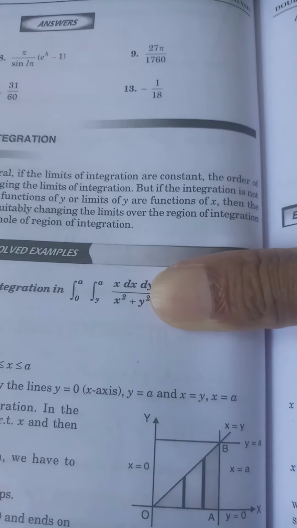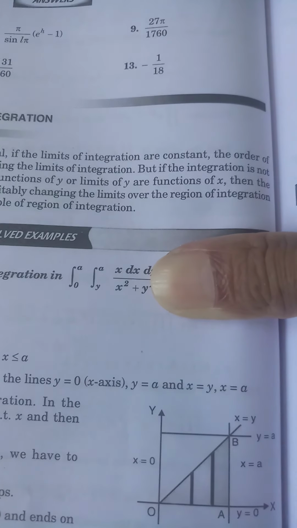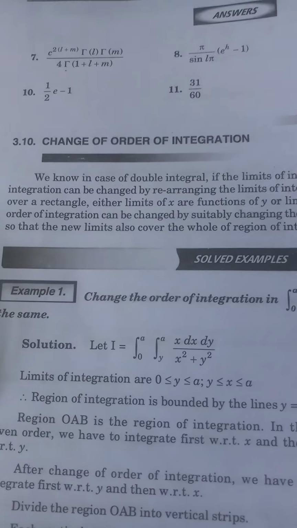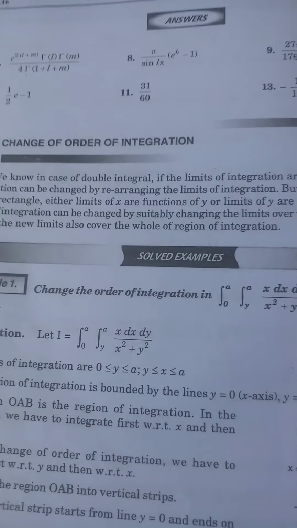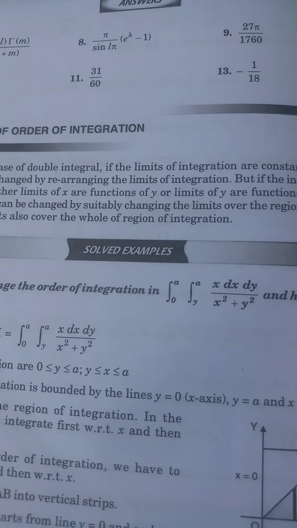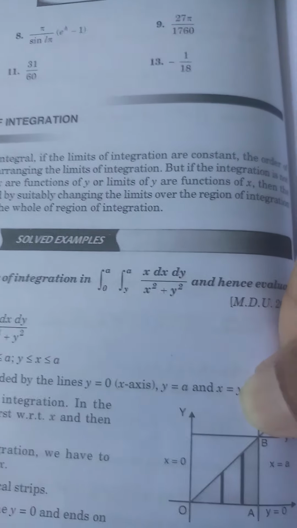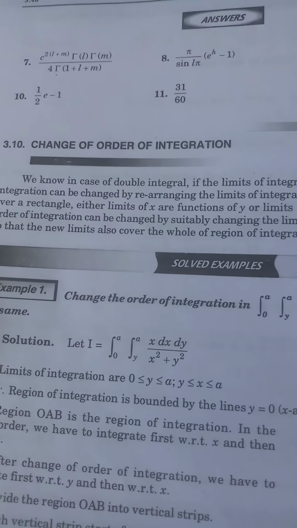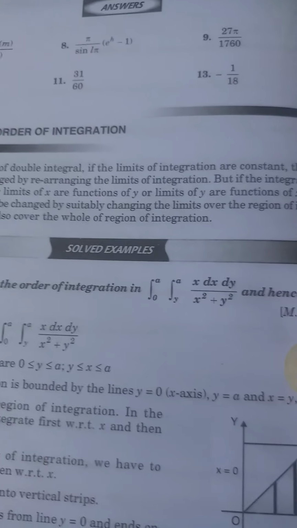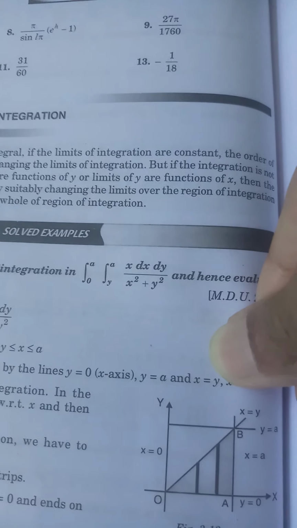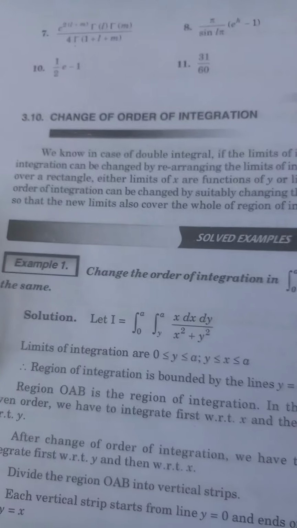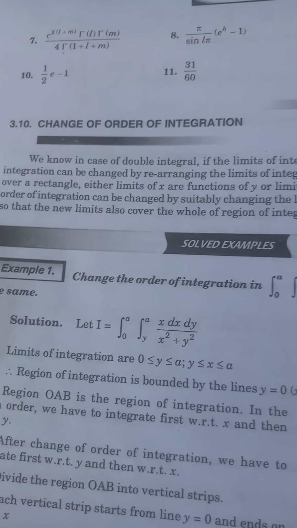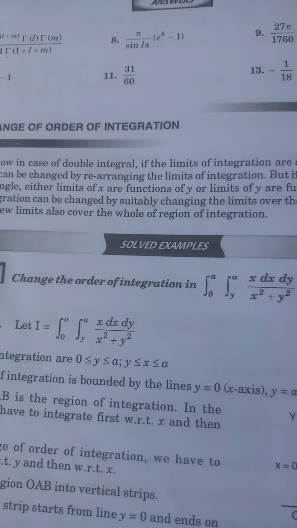But if the integration is not over a rectangle, either limits of x are functions of y or limits of y are functions of x, then the order of integration can be changed by suitably changing the limits over the region of integration, so that the new limits also cover the whole of region of integration.